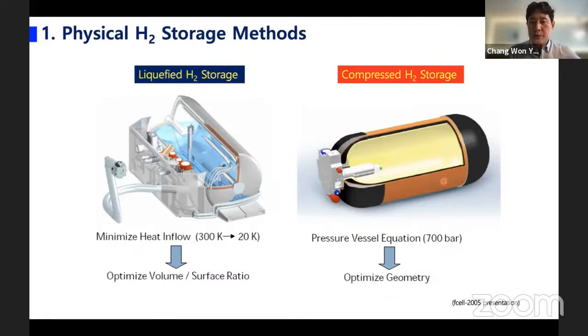One of the most important things here is to optimize the geometry, to store more and more hydrogen, and to make a safe tank for compressed hydrogen storage. Another is liquefied hydrogen storage. Again, we cool down to 20 Kelvin, negative 253 degrees Celsius, to make liquid hydrogen.